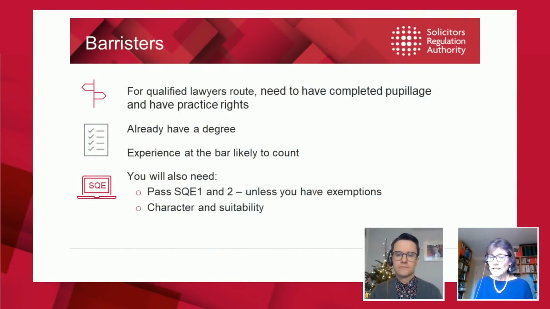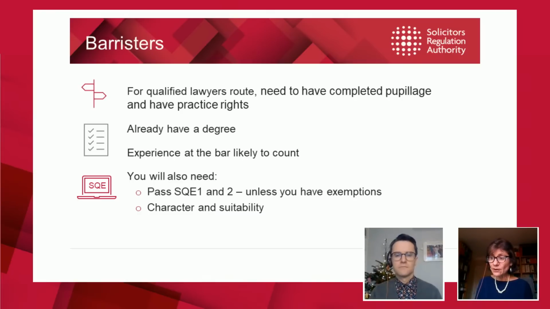So similarly, yes, looking at the next slide about barristers, the first thing to say is that if we are looking at barristers as qualified lawyers, then they need to have completed pupillage and have their practice rights. So that's the first thing.